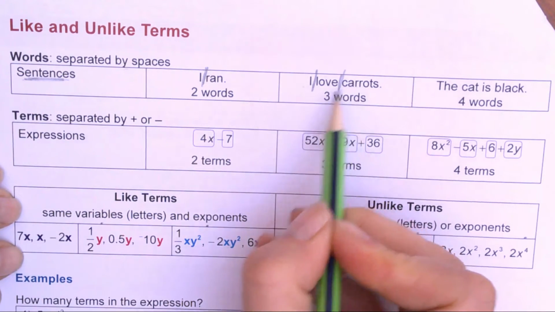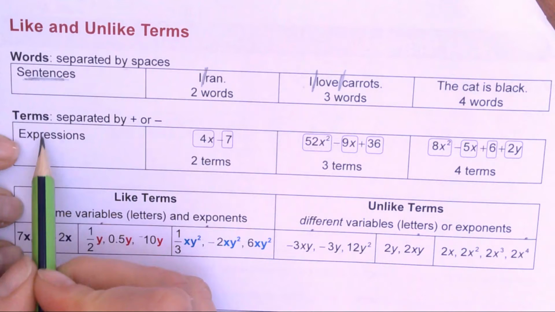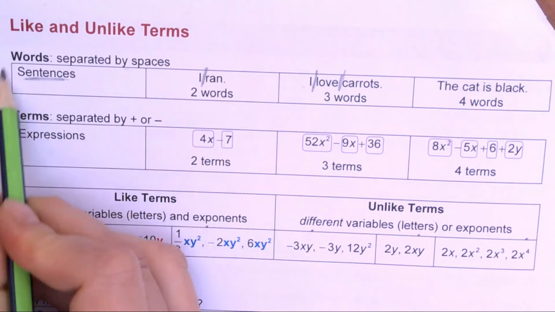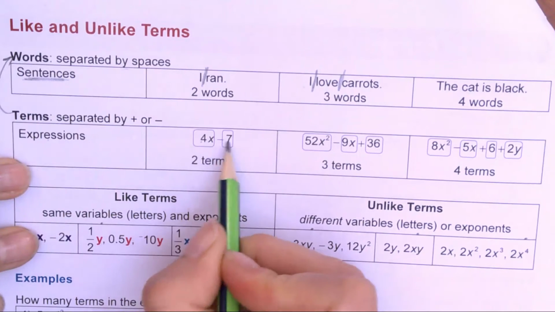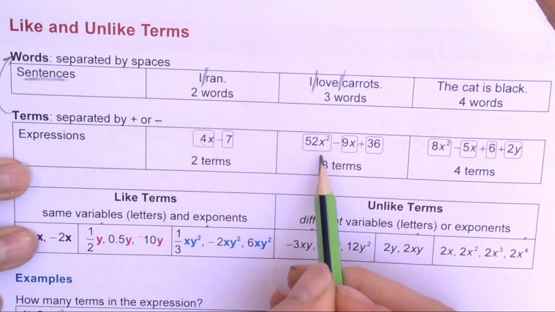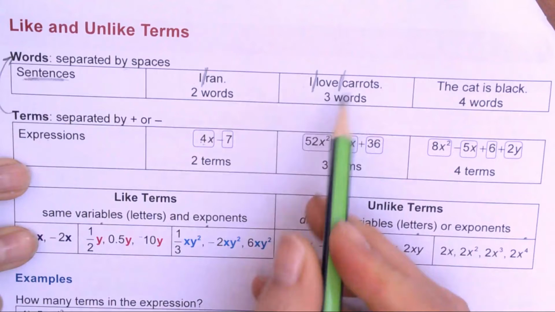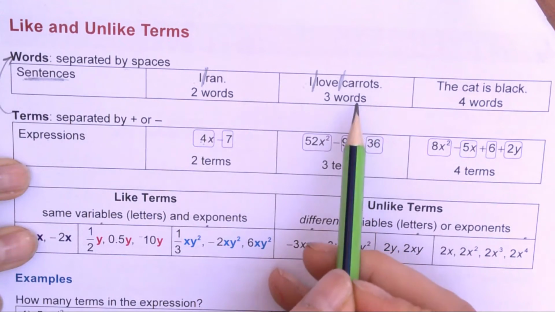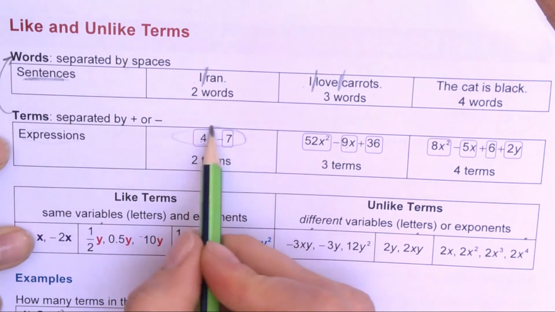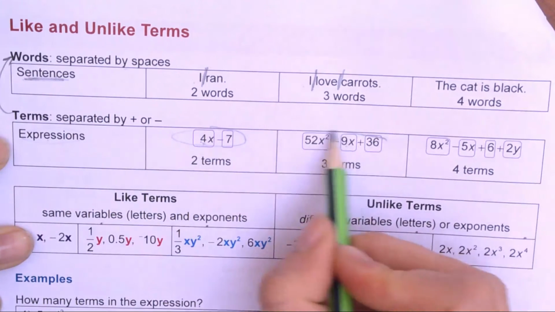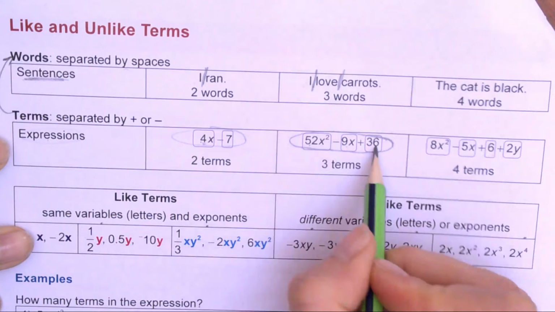Okay? So when I have terms and expressions, terms are the same thing as words. So here, there are 2 terms, like 2 words. Here, 3 terms, 3 words. Expressions are the same thing as sentences. So here's my expression, it has 2 terms. Here's my expression, I have 3 terms.